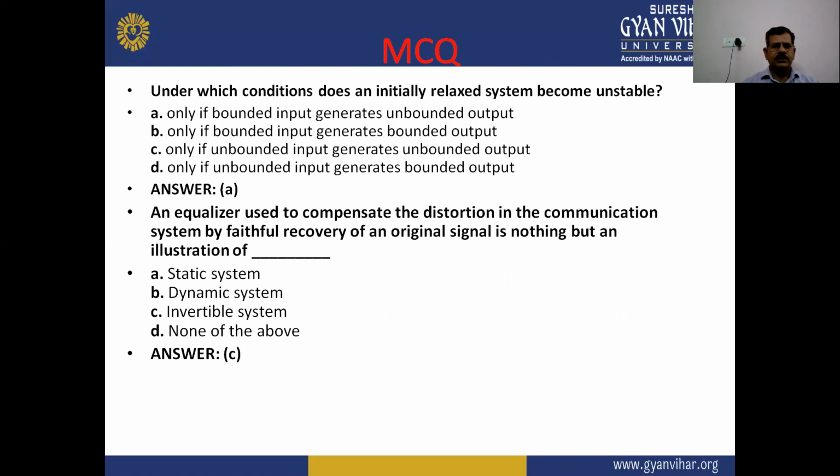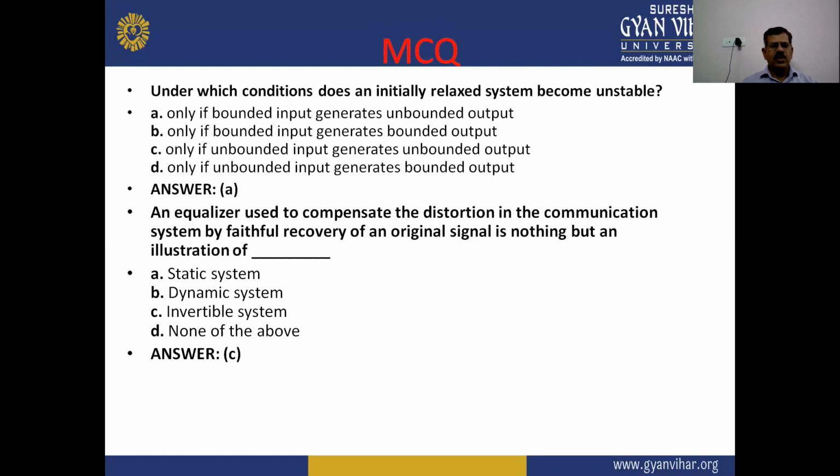Next question. Under which condition does an initially relaxed system become unstable? Option A, only if bounded input generates unbounded output.